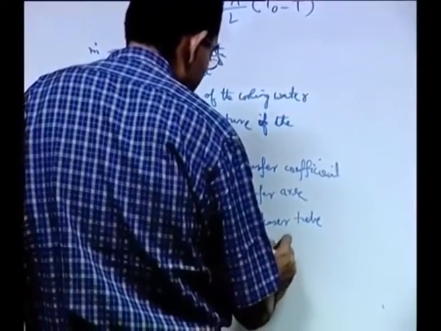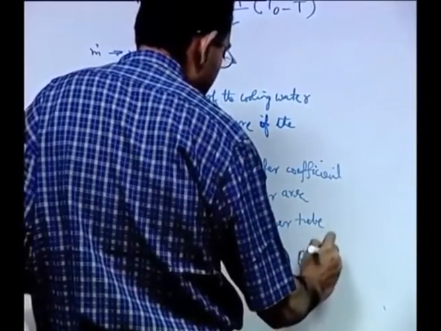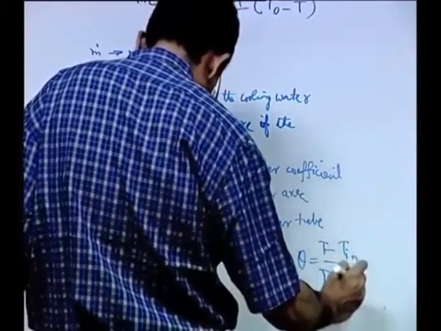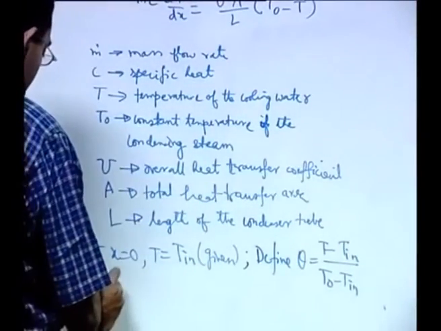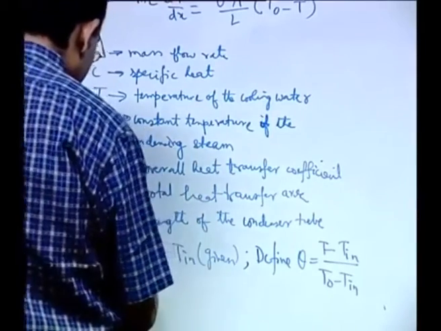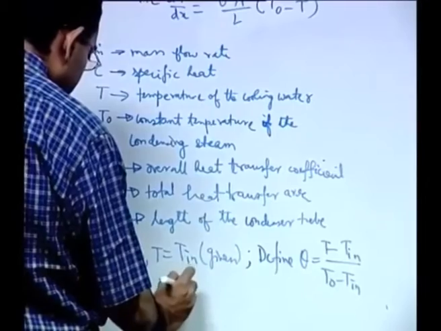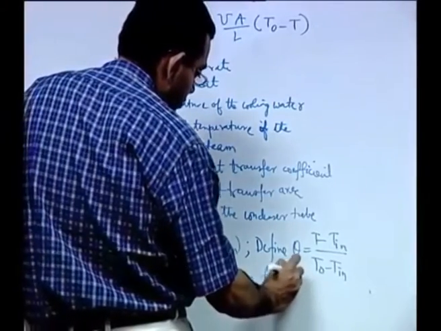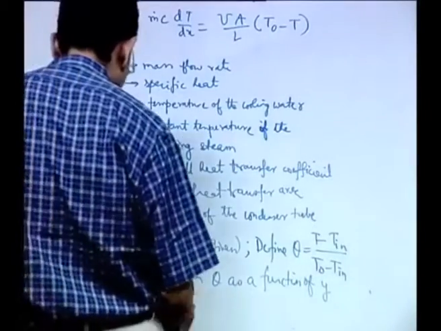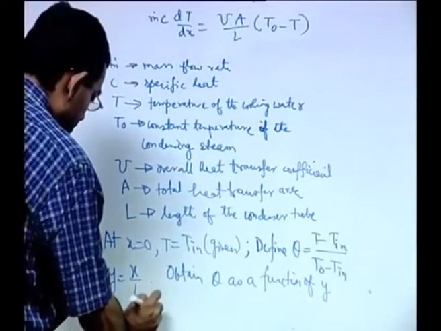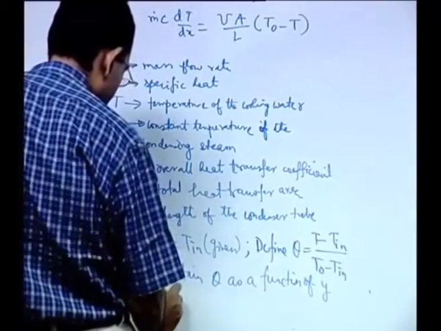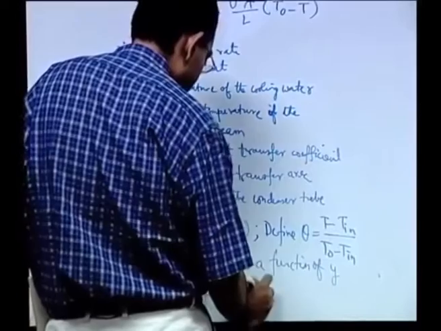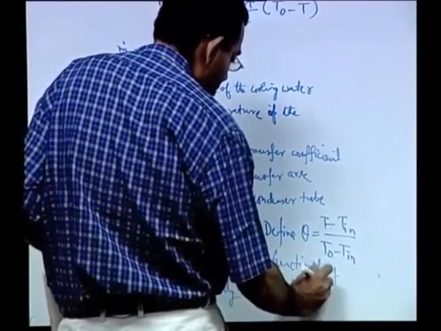Then define a non-dimensional temperature theta equal to (T minus T in) by (T0 minus T in), and a non-dimensional length y equal to x by L. Obtain theta as a function of y numerically, taking only 5 grid points, using upwind scheme.